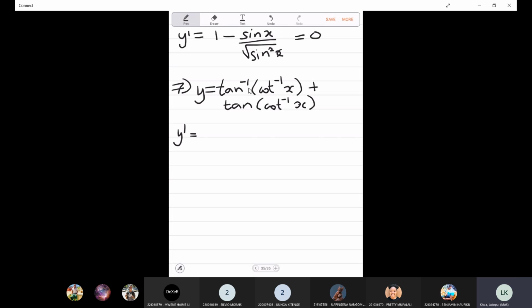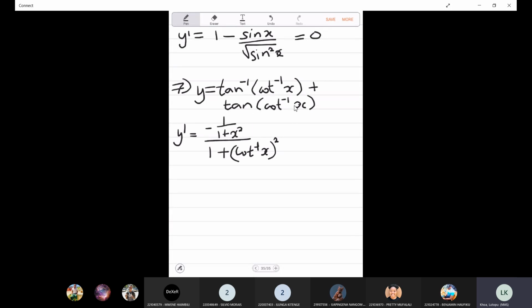The derivative of tan inverse is the derivative of the function on top, which is negative 1 over 1 plus x squared, and then 1 plus our function, which is cot inverse of x, squared.